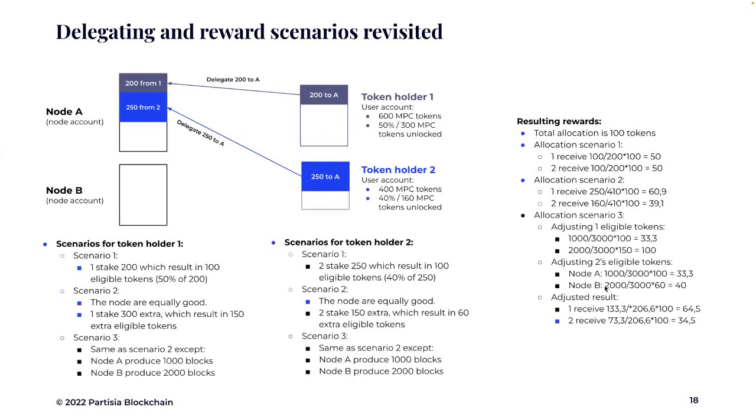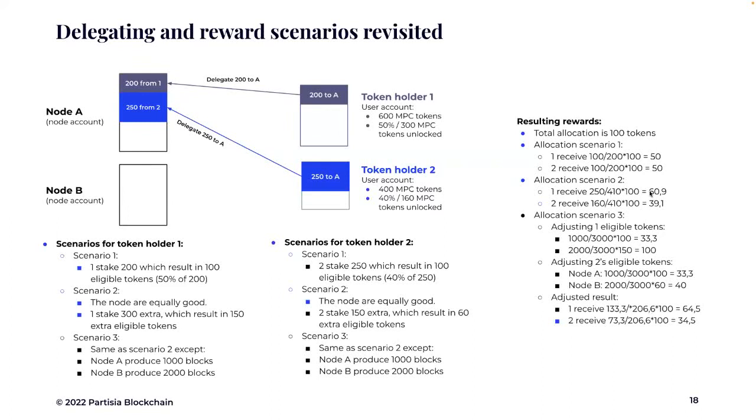And we do the same for token holder 2, adjusting the delegated tokens to node operator A and node operator B. At the end of the day, we'll have a different total sum of rewardable tokens, adjusted for the unlock and adjusted for the node performance, and use that as a way to distribute the 100 tokens.